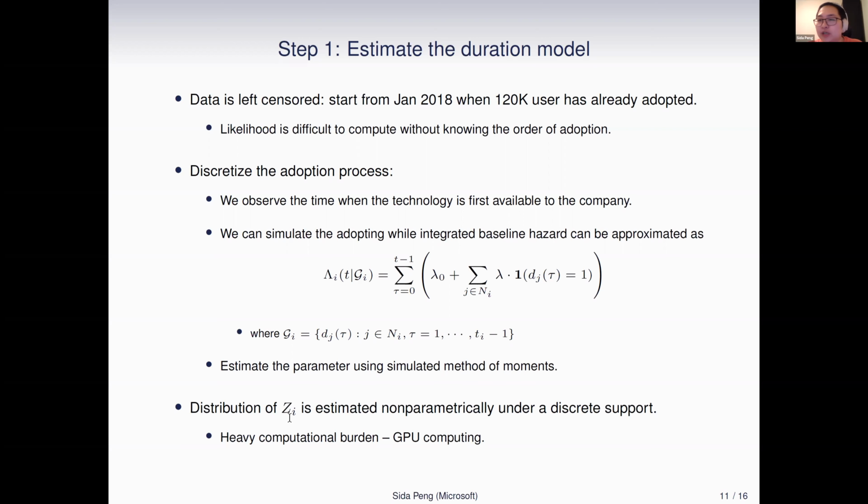But this is actually a very computationally heavy procedure, given that we are also simulating the entire adoption process. So here we only use 10 grid points for the support of ZI. Even then, we have to use some of the most advanced computing. We are using GPU compute here to run the entire simulation and estimation procedure.